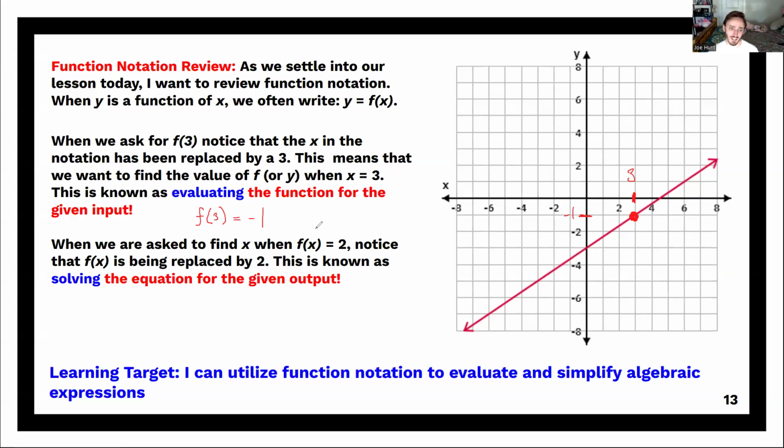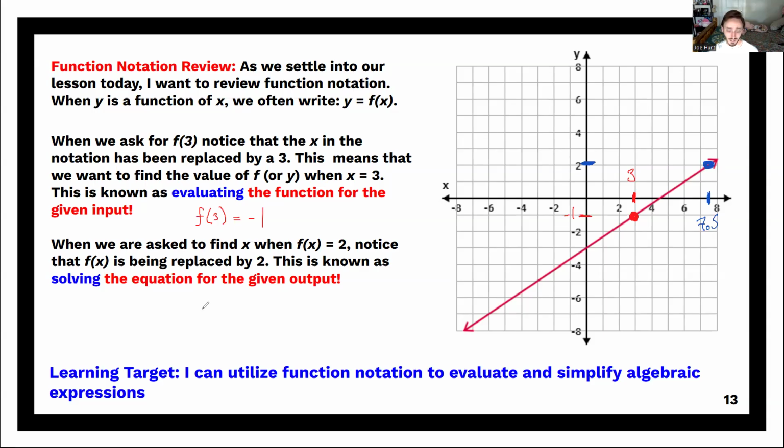Now, if I say, let's find x when f of x is equal to 2, that's a little bit different. F of x is equal to y. They're interchangeable. So when I say f of x is equal to 2, what I'm saying is when the output is 2, what's the corresponding input? So I find on my graph the coordinate that corresponds to y equals 2, and I read off the input for which that occurs.